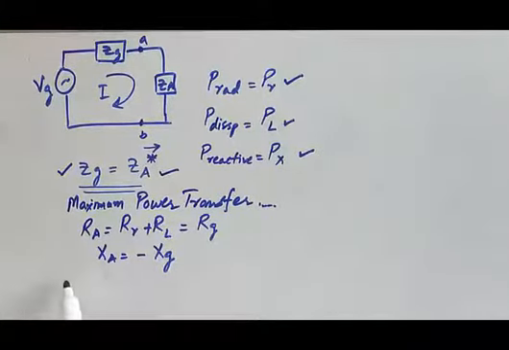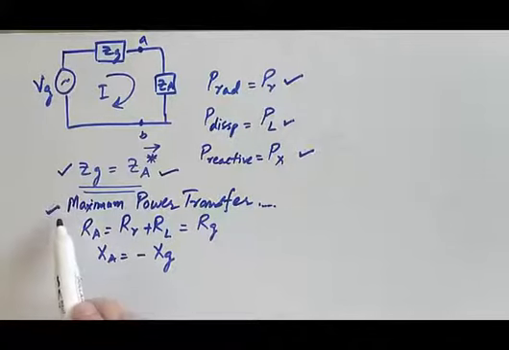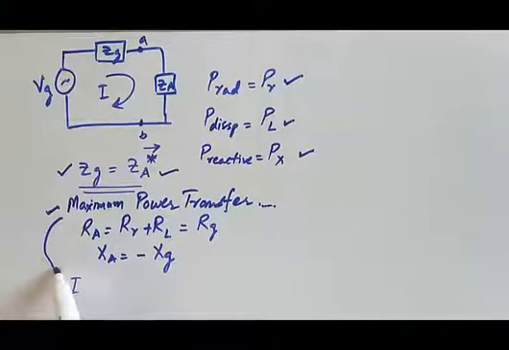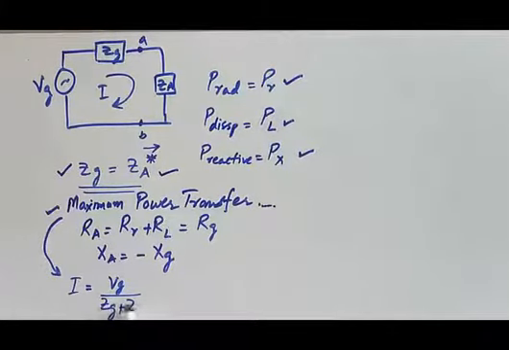So in this case the current is going to vary. I mean the circuit current is going to be different now. If we consider the maximum power transfer theorem and the maximum power transfer condition, in that case the current is equal to Vg divided by Zg plus Za.